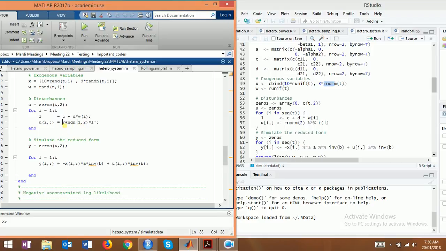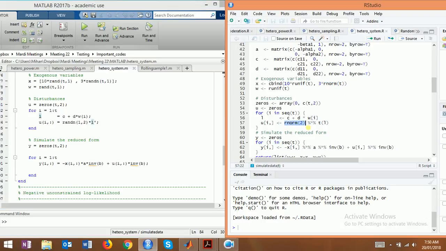So a random number is generated for 2 columns up until L. RNORM 2, which is creating only 2 values that are multiplied for 2 columns, presented in 2 columns, multiplied by the transpose of L. So you will have 2 simulated values of U, taking L. You have 2 U's basically that are multiplied with a random number, of which only 2 are generated.